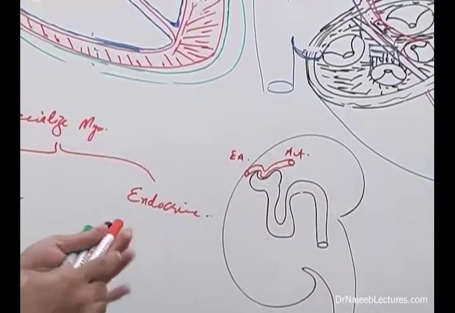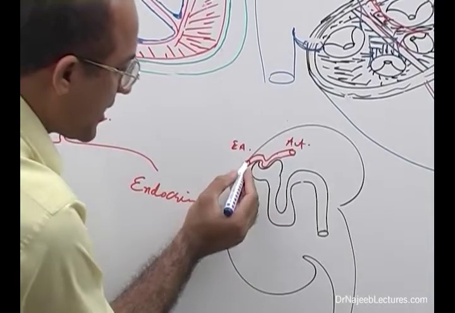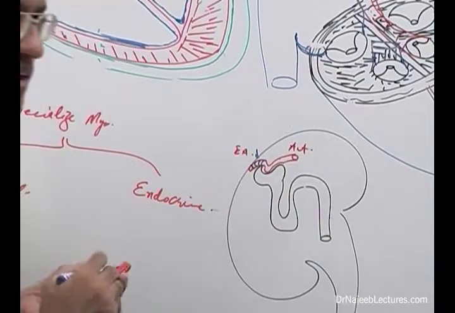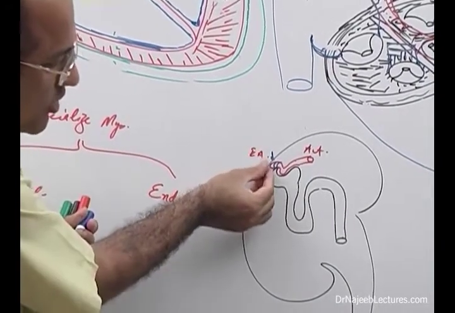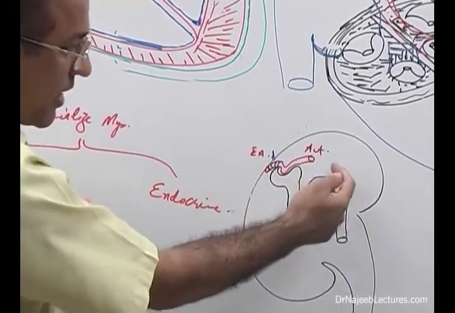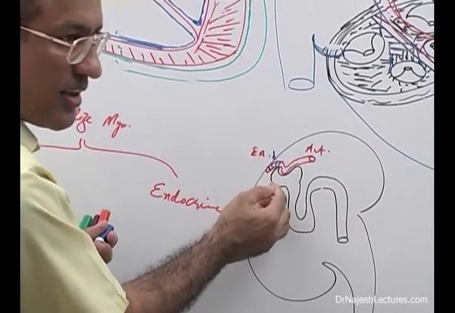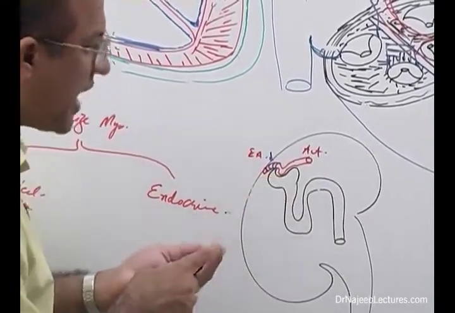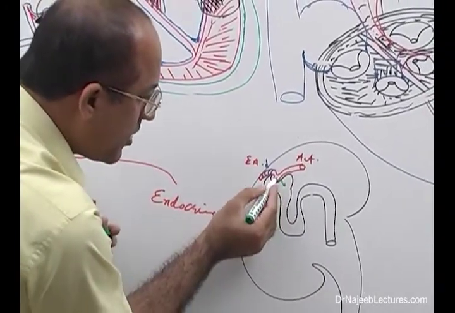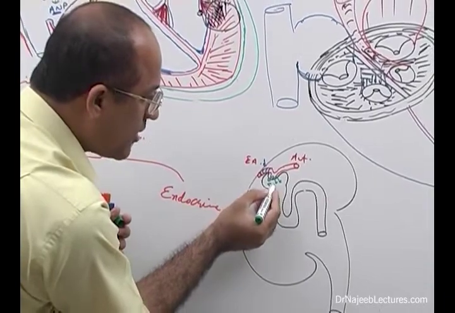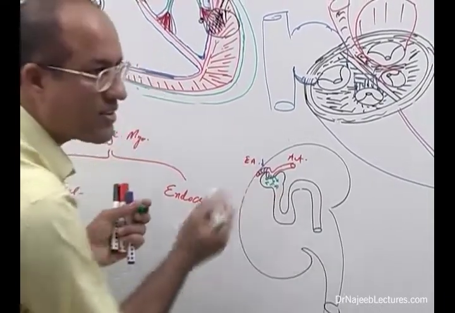Number one, atrial natriuretic peptide works on the efferent arteriole and it becomes constricted. When the efferent arteriole becomes constricted, blood is coming to the glomerular capillaries but cannot leave the capillaries easily. Pressure in glomerular capillaries becomes high and fluid will more rapidly go to the nephron. So we say glomerular filtration rate is increased.